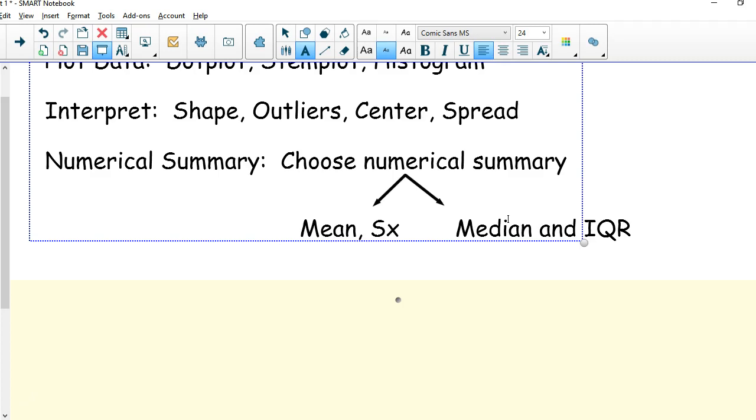Pause it for a second if you have any questions about this, and make sure you ask me in class. The mean and the standard deviation are a great center and spread if you have a symmetric distribution. That's what you're going to use when you are describing or interpreting a graph. Make sure you understand why you use the median and IQR for a skewed distribution.